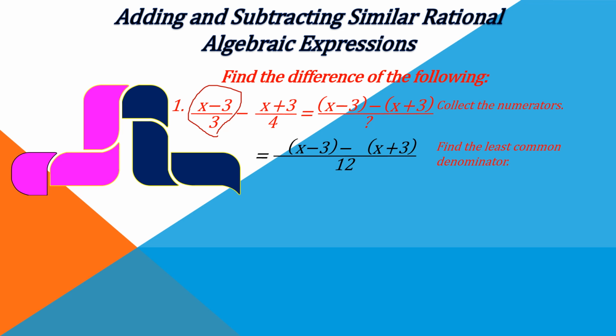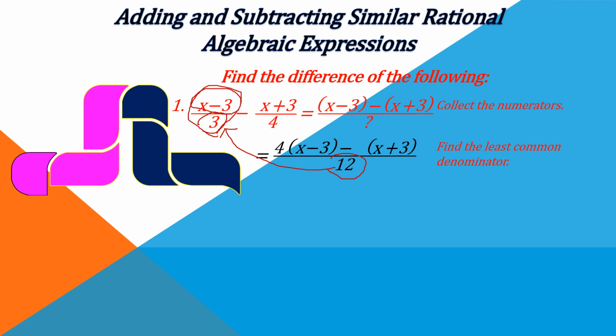In order to find the new numerator for this expression, we need to divide 12 by 3, which is equal to 4, and 4 is multiplied by x minus 3.